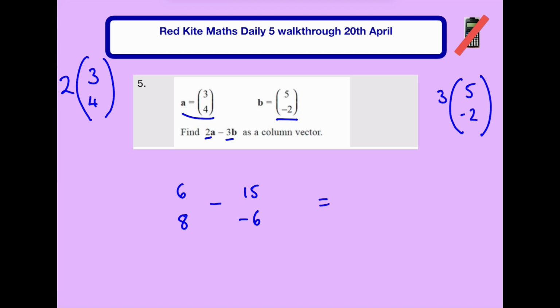That will take me down to -9. But here I'm on 8 and then I have to minus -6. We know that when we have 2 minuses together, it creates a plus. So we've then got 14, because 8 and 6 is 14. So that's our column vector there.